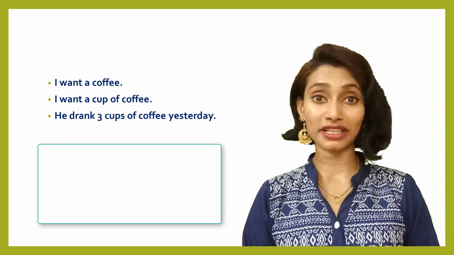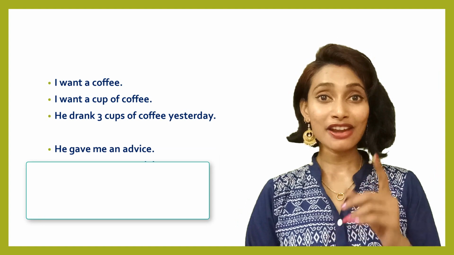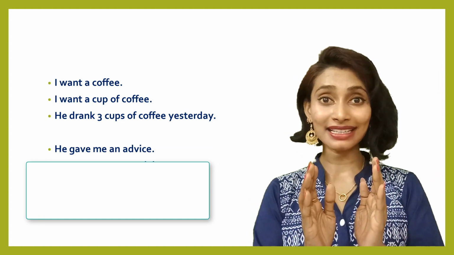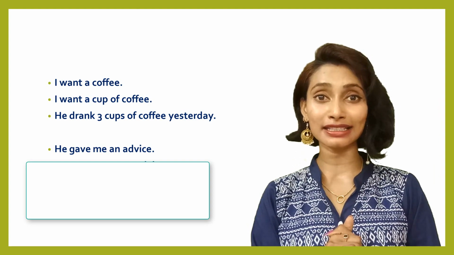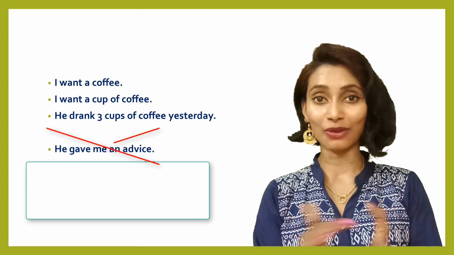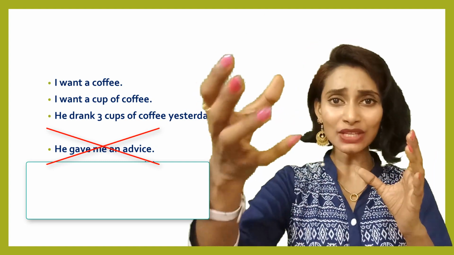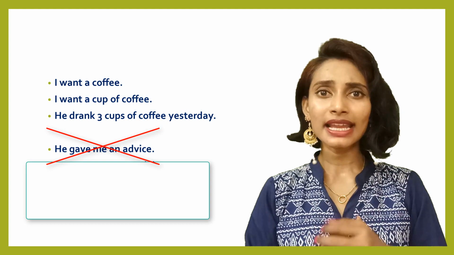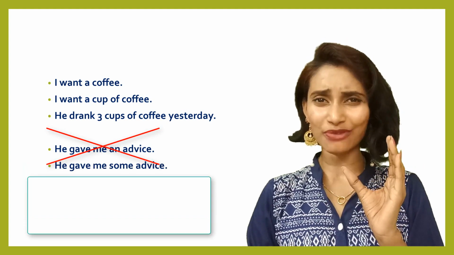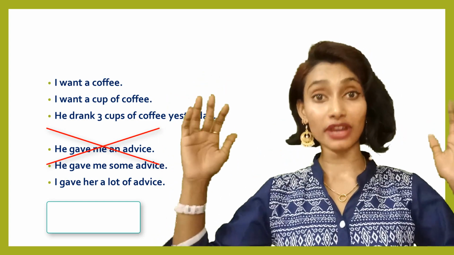Look at the next set of examples. He gave me an advice. Remember, advice is an uncountable noun and we cannot use articles before uncountable nouns, as we discussed. If you want to say you got advice from some person, you can use either he gave me some advice or he gave me a lot of advice.